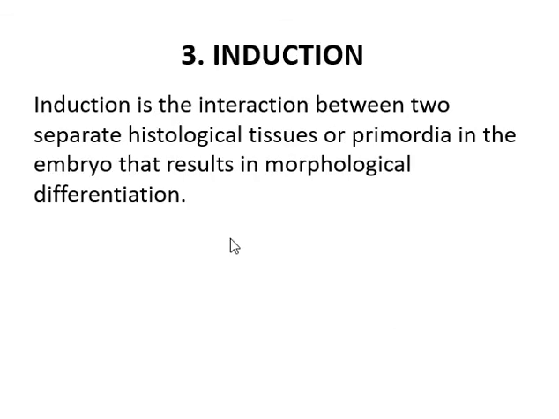Then point number 3 was induction. Induction is the interaction between two separate histological tissues or primordia in the embryo that results in morphological differentiation.